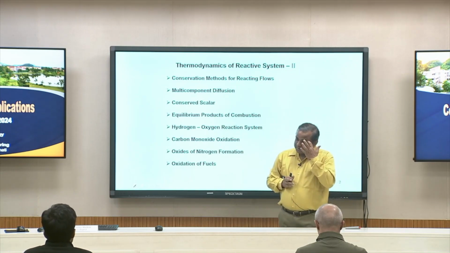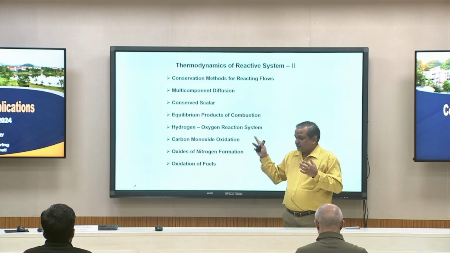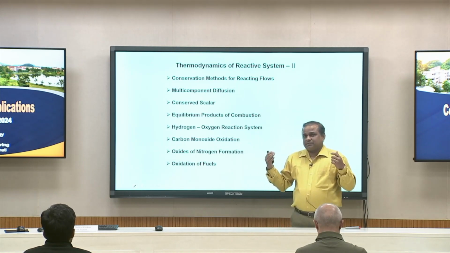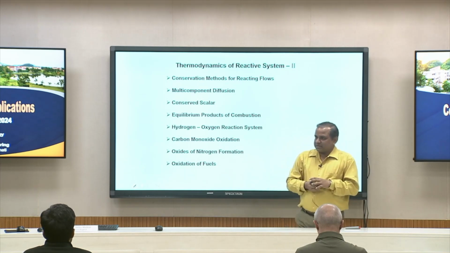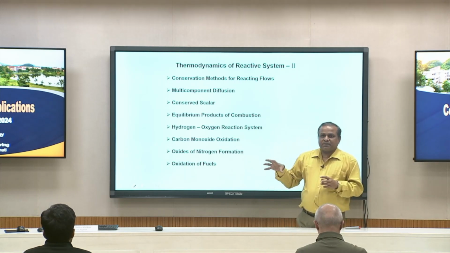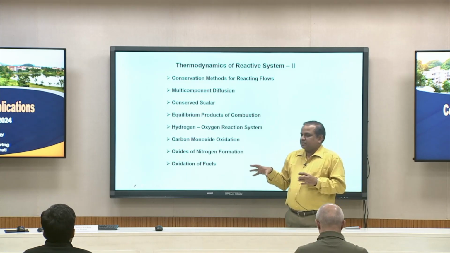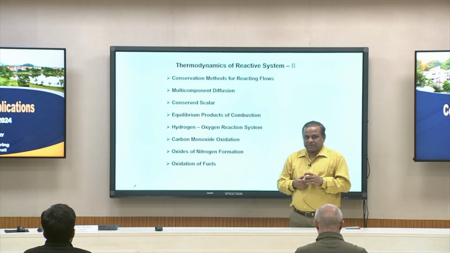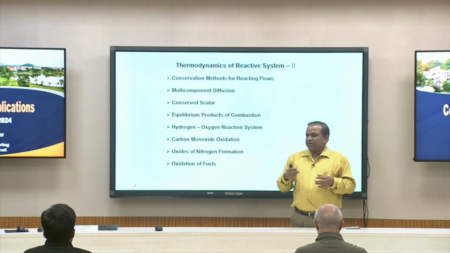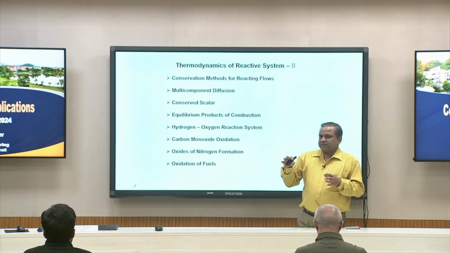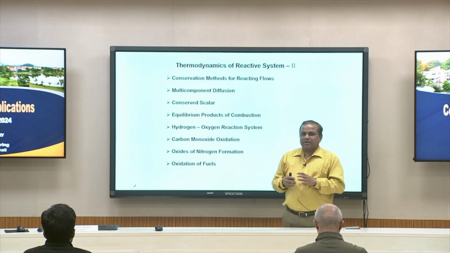But as far as when you say the fuel-air mixture is already pre-mixed, the role of equivalence ratio makes some sense. Okay, and when it is non-pre-mixed, it means air comes separately, fuel comes separately. So the equivalence ratio changes in this combustion domain.